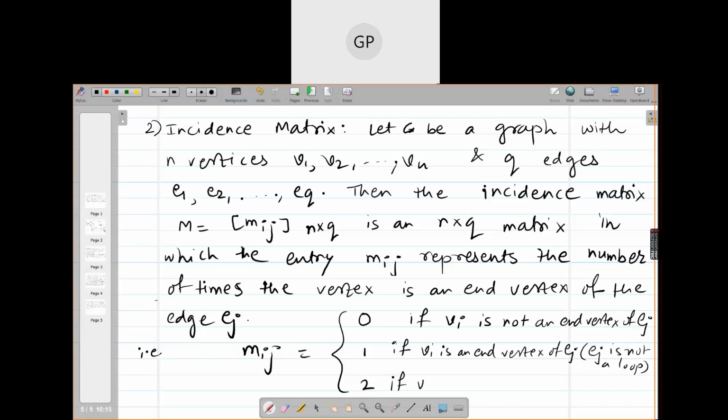And this is 2 if Vi is an end vertex of Ej and Ej is a loop. Yes, ma'am. So it will again consist of 0, 1 and 2. If there are no loops, it will again be zeros and ones.